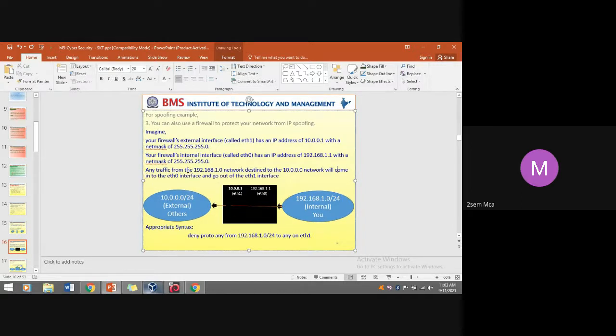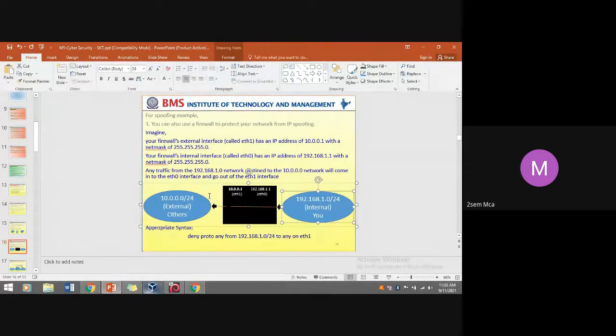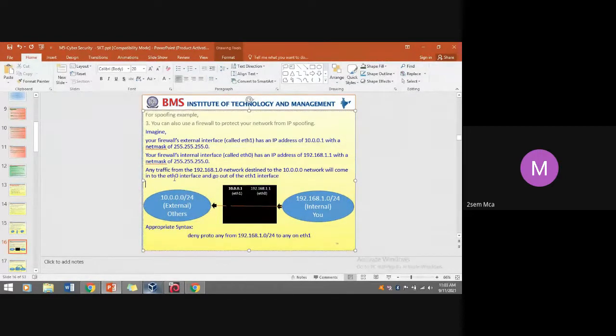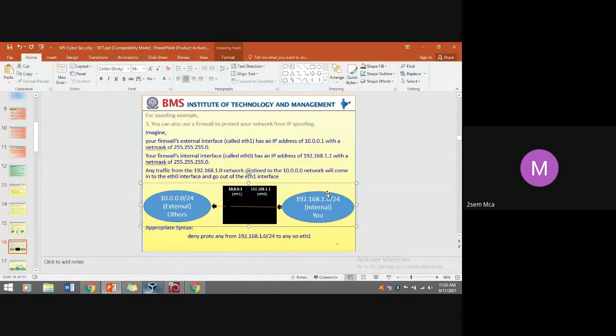Now, any traffic from this internal network destined to 10.0.0.0, that is the other network. You are sending packets from this network to that network through the firewall, and they will come into ETH0. That is, when you submit a request from your internal network, first it reaches the internal interface of the firewall.